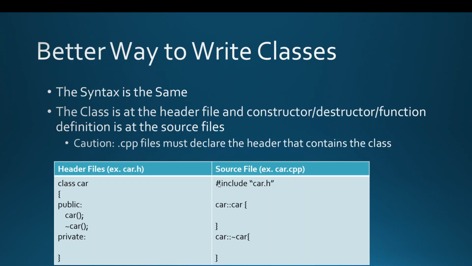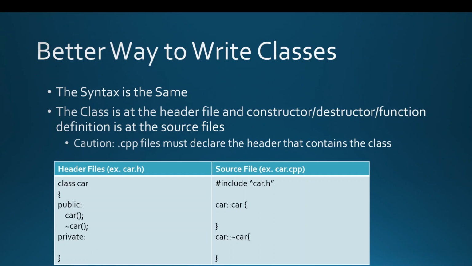You need to include the header file of the class you're defining. If you're defining the constructor, destructor, and the different functions, you need to include that header file, or else you're going to get an error. The compiler will tell you, we've never heard of this before. Where do you get this? So that's pretty much a spiel on a better way to write classes.